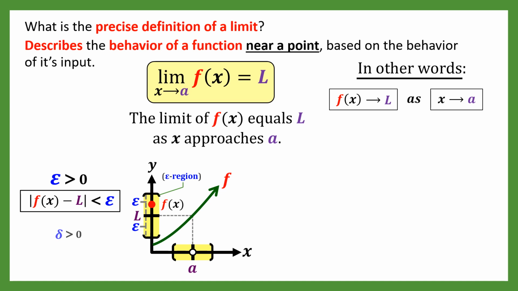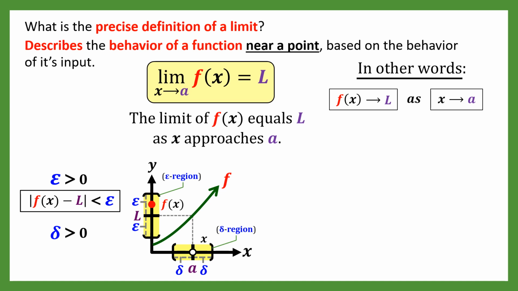Since a is the center of this region, we can use delta as the distance from a to the boundary of this region on both sides of a. Let's refer to this region as the delta region.